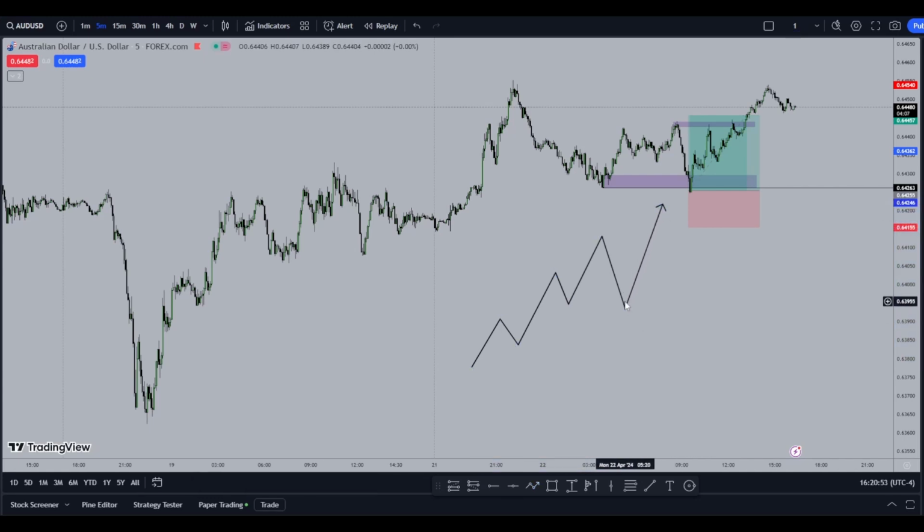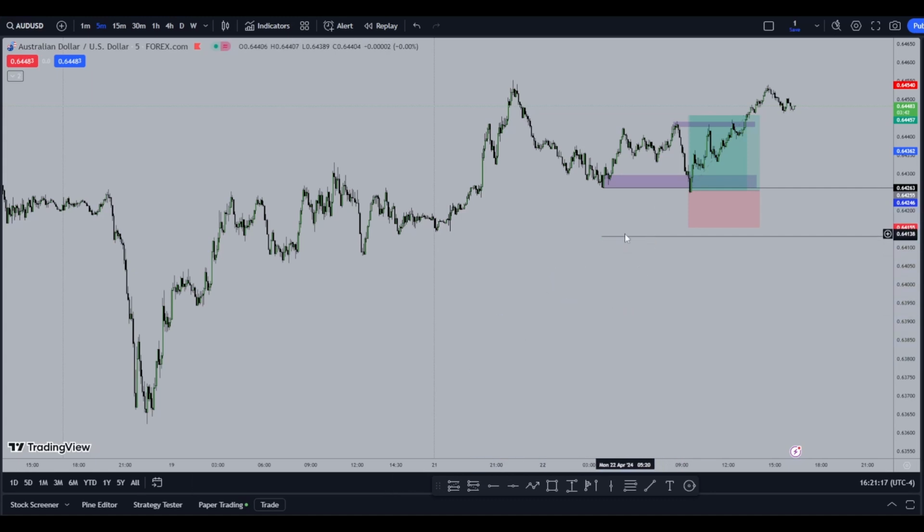This is a liquidity grab, because price went down. People who thought this was a demand zone got stopped out over here, and the people who thought this was a change of character also got stopped out when the market went up and took this high. So this is a liquidity grab.